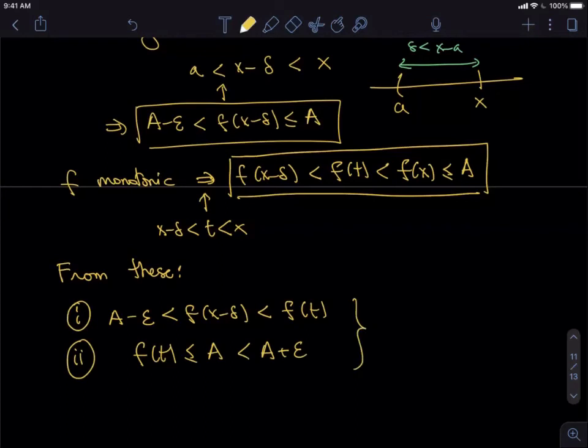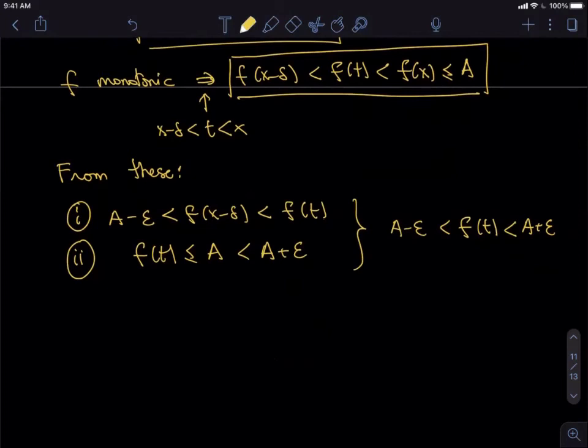So these two together are saying that a minus epsilon less than f of t less than a plus epsilon, which is the definition of absolute value of f of t minus a less than epsilon. And this is what we wanted, okay? Because once we have this, notice what we have proved.